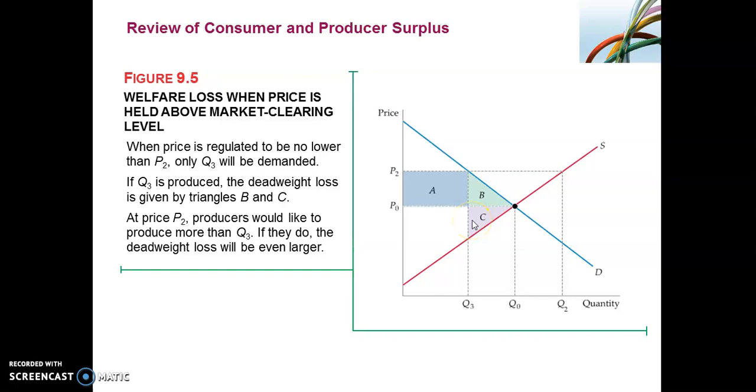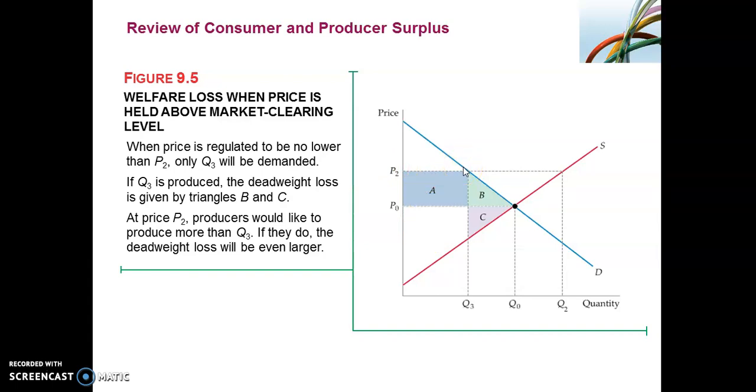The deadweight loss is now going to be given by triangle B and C. Consumers lose rectangle A to producers. So rectangle A was part of the consumer surplus, but now it will form part of the producer surplus because of this higher price.